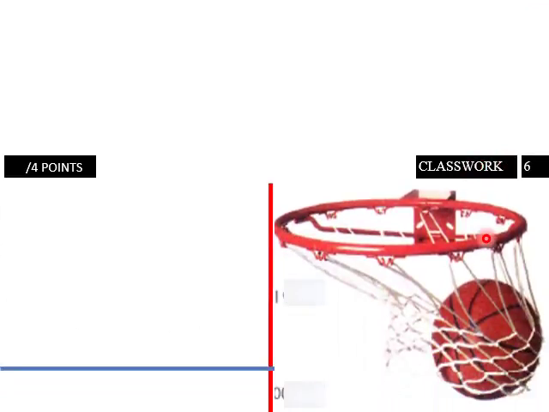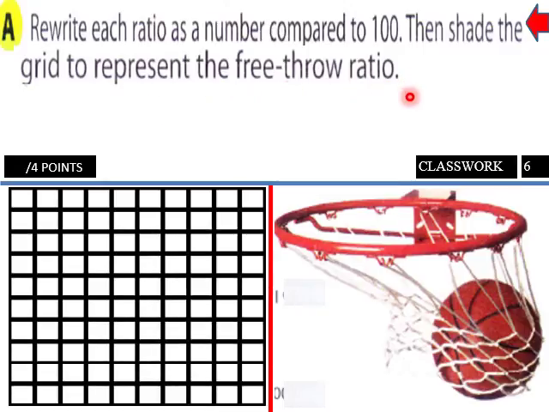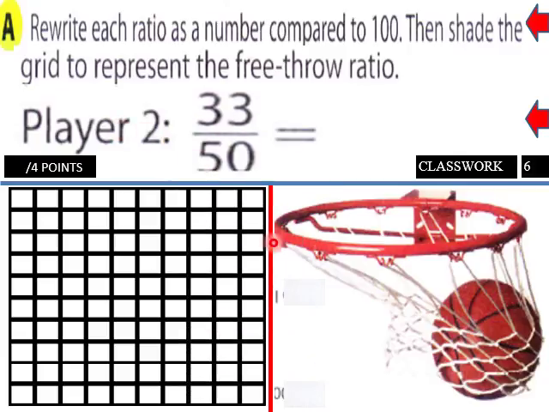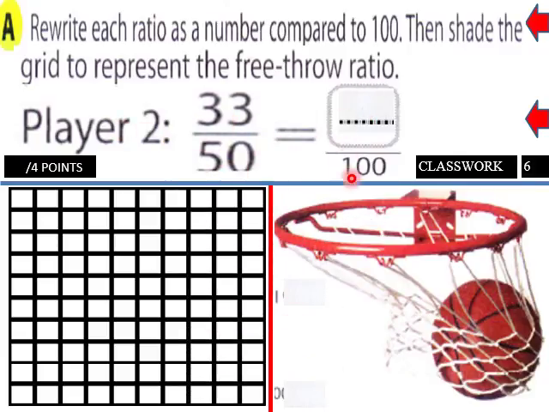Page 6 of your class worksheet. Rewrite each ratio as a number compared to 100, then shade the grid to represent the free throw ratio. We're on A again here, player 2. 33 over 50 equals how many over 100? 66 over 100.